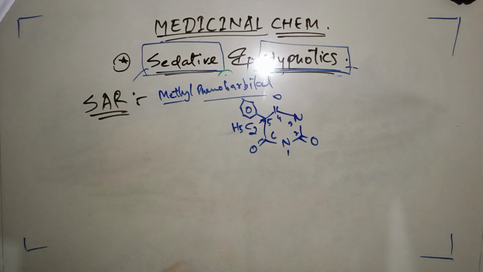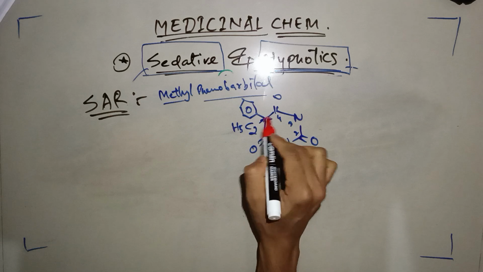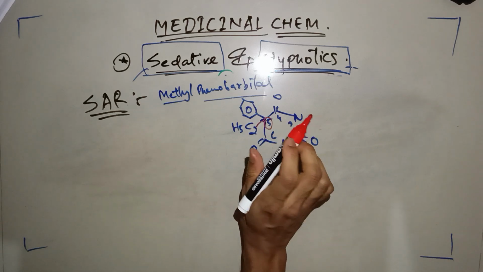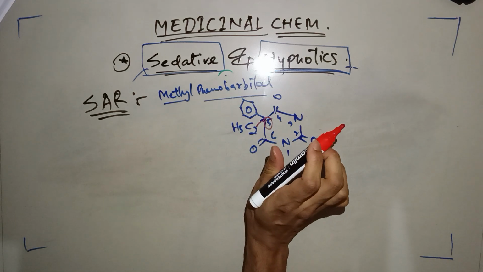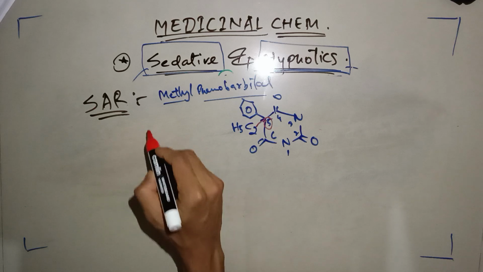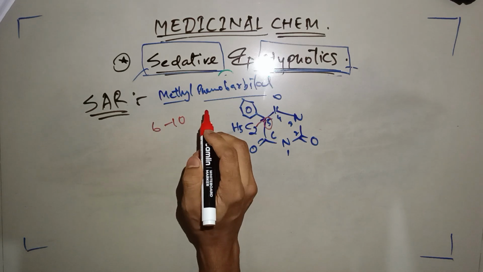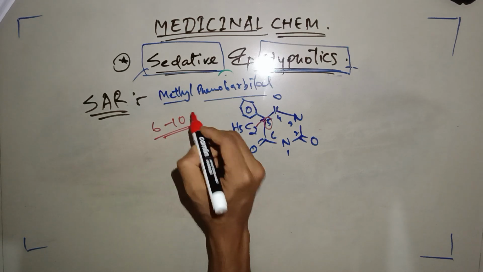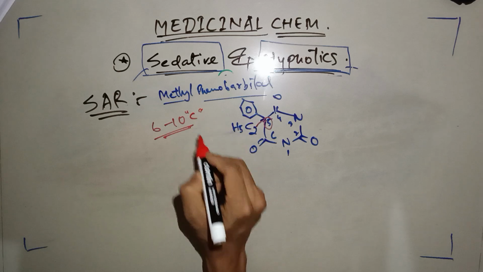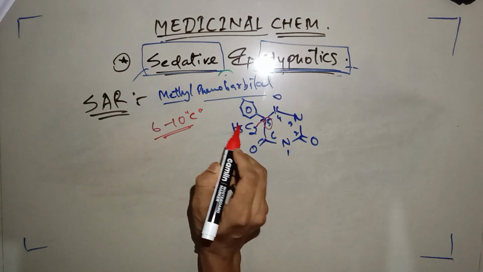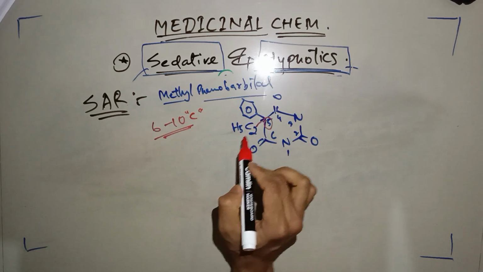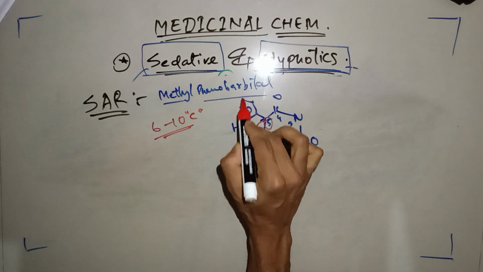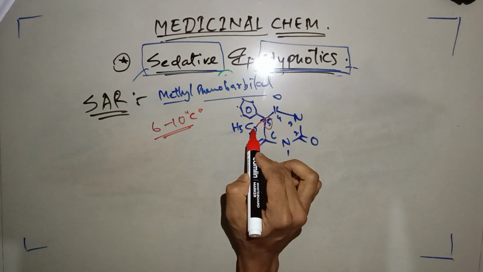So, what did I mention? At the fifth position, there should be only 6 to 10 carbon atoms. If it increases, that means once you count 1, 2, 3, 4, 5, 6, 7, 8.